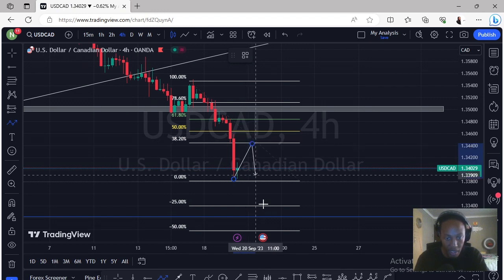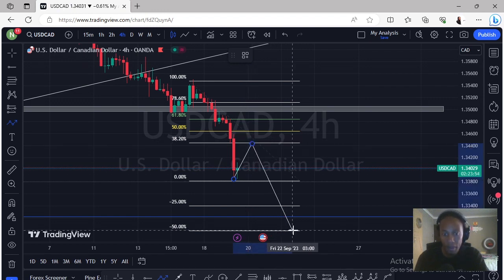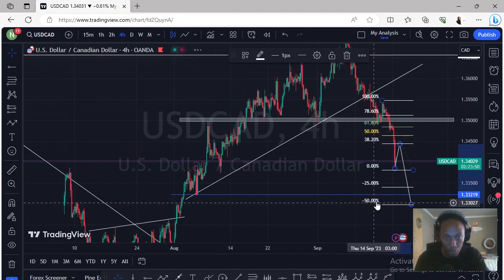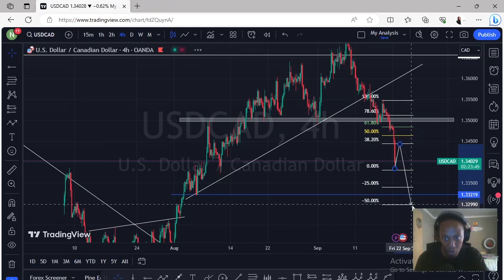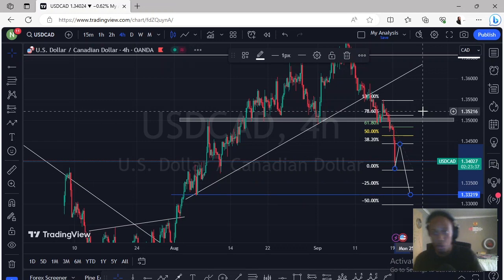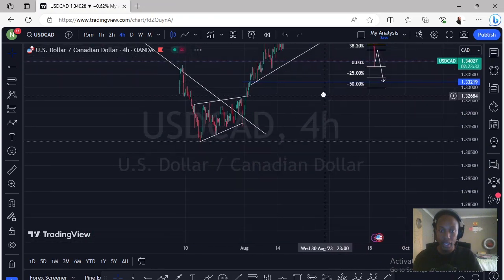They don't really retrace a lot once they have an impulse move. So your TP1 would be here on this level, TP2 here, TP3. You might as well go down with it, because we're not sure where it might retrace back to.